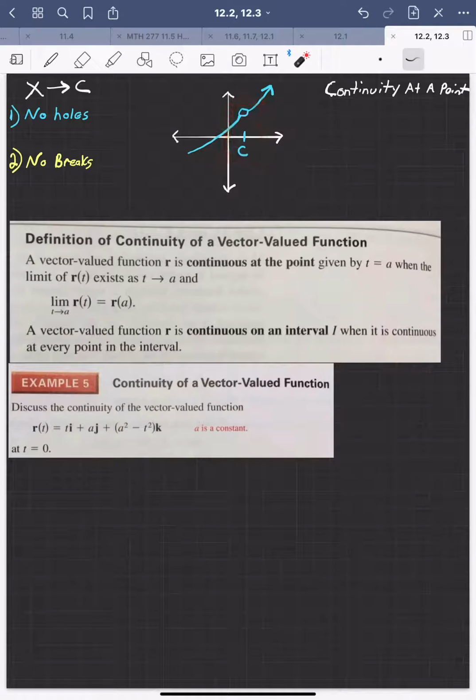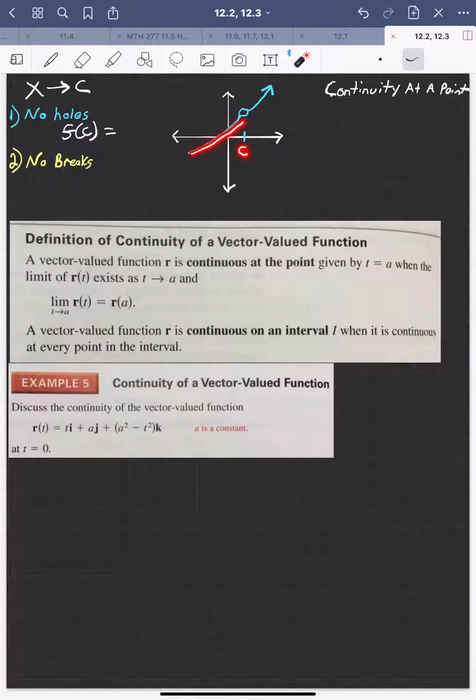Now, formally, the way you would say there are no holes in the graph would be to say that f of c exists. Do you understand what I have now?